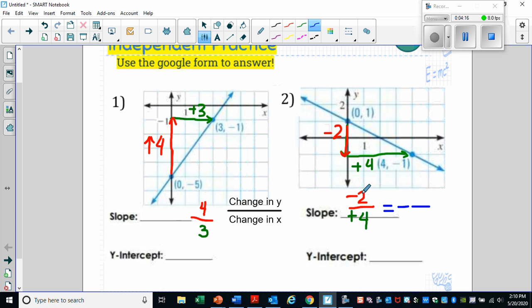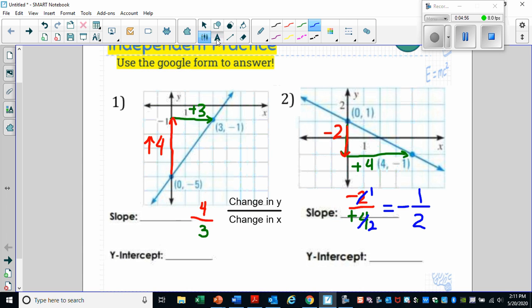Then 2 over 4, we can divide both 2 by 2 and 4 by 2. 2 divided by 2 gives us 1, and 4 divided by 2 gives us 2. And then we keep our negative sign. So our slope -2 over positive 4 is the same as -1 over 2. We do have to simplify a fraction, but that will be the slope for problem 2.